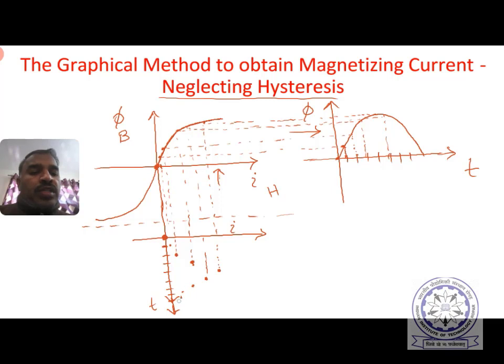You go on plotting, it will end up here. So this is how the magnetization current will look.